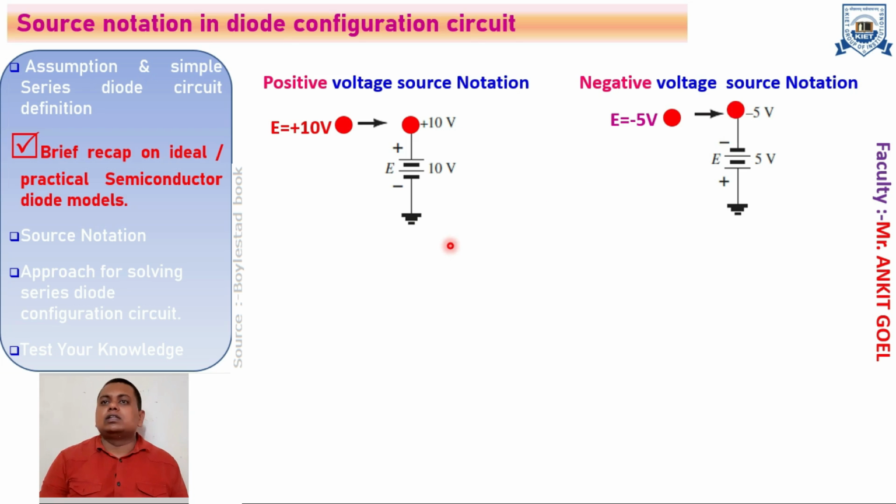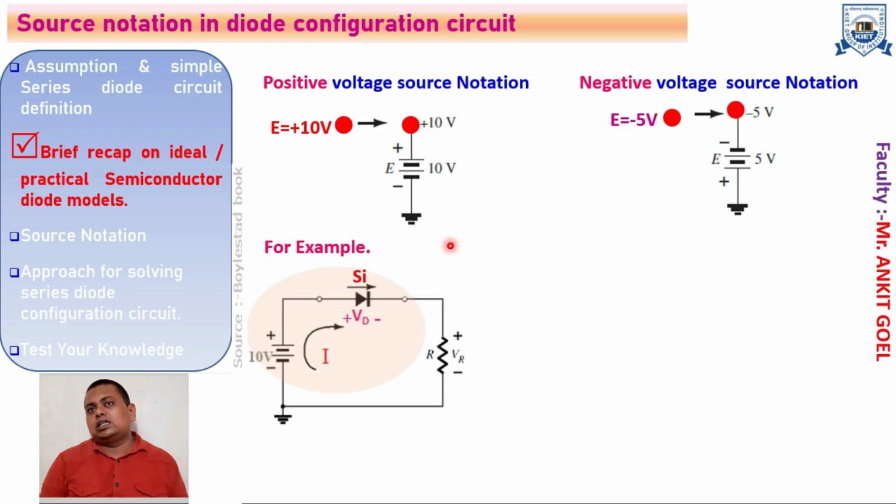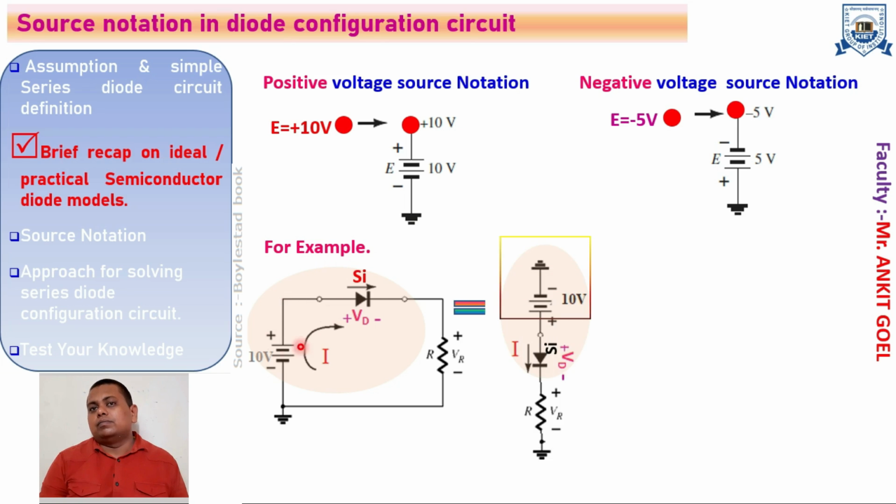So if we take the previous series diode circuit, we can see that this can be equivalently made in a 3-step process. First we make this voltage source connected to the ground and this resistance connected directly to the ground. This is the equivalent model. There is no difference between these two circuits.